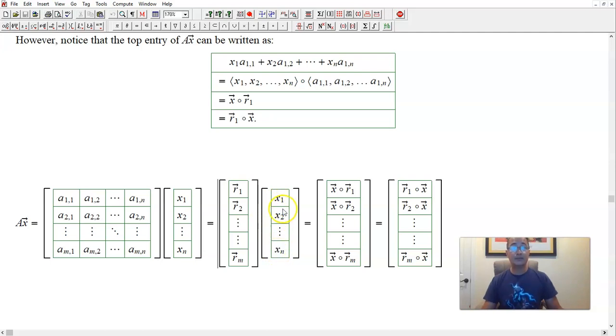But instead of breaking up x into several components, we just take the dot product. So our top entry is x dot r1 or r1 dot x. Our next entry is r2 dot x or x dotted with r2, and so on. We call this the dot product formula or perspective for the matrix product.